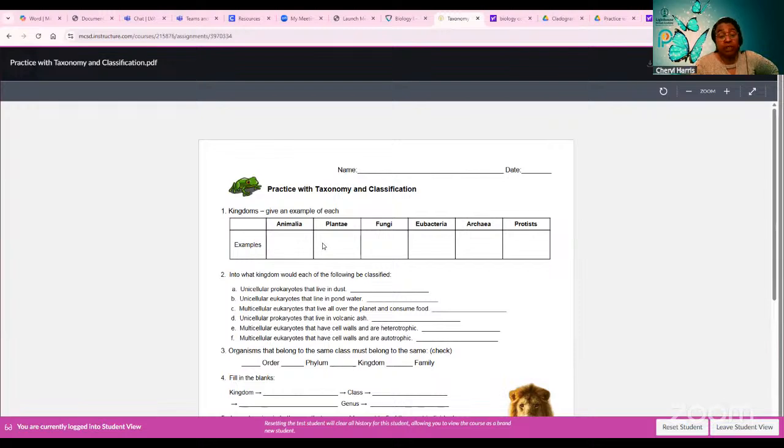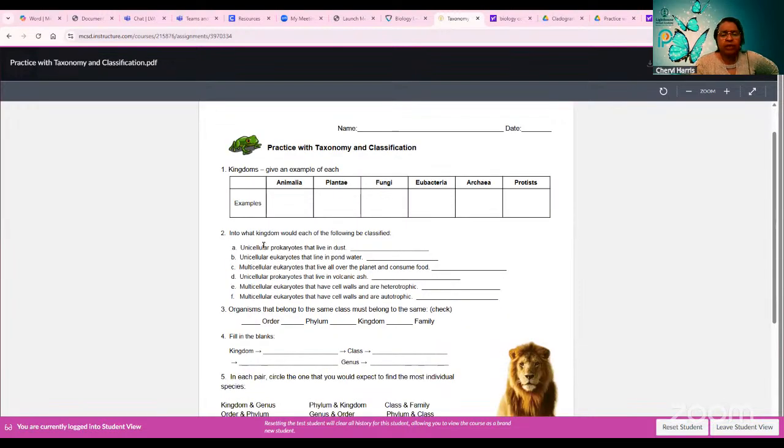And so put an example name underneath each of those, and then go ahead and, so if these are the names of the kingdoms up here, they want to know what are the characteristics of those kingdoms in order for you to decide where you're going to put the things listed from A to F.